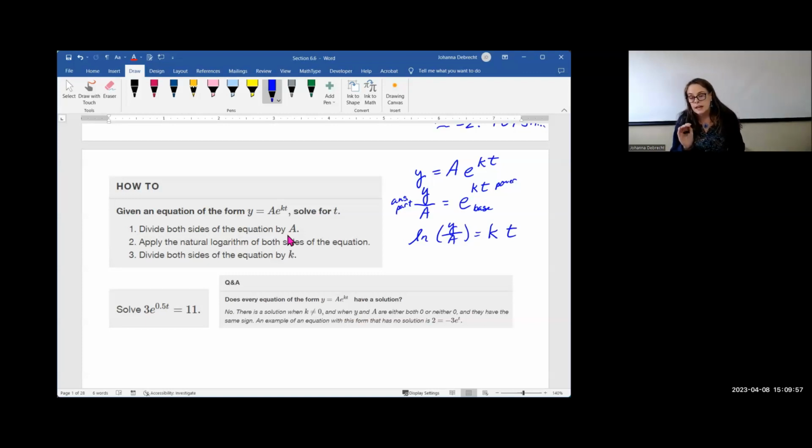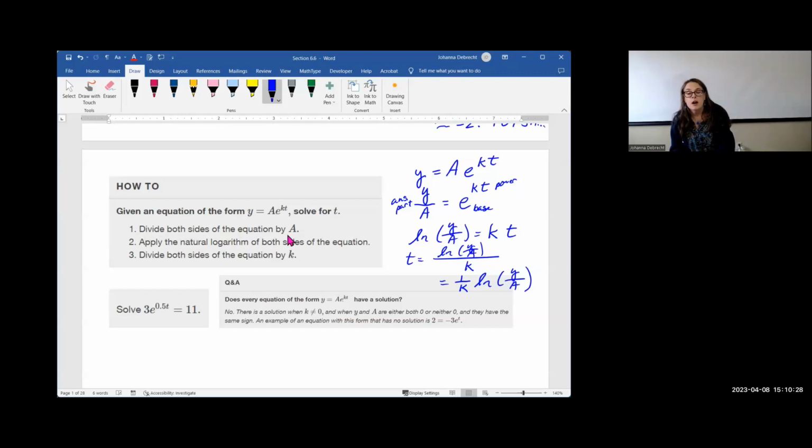Now, when we divide a natural log by k, you either need to use a large division bar or write 1 over k out front. So the two options that I recommend are the natural log of y over a, all divided by k. That's one option. But I really think it's better to write 1 over k times the natural log of y over a.